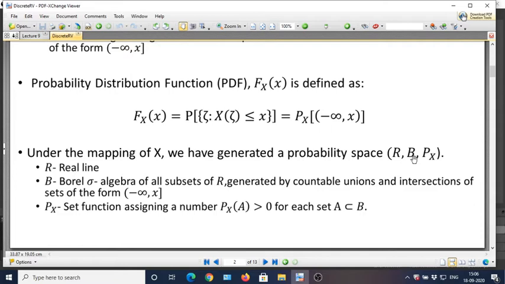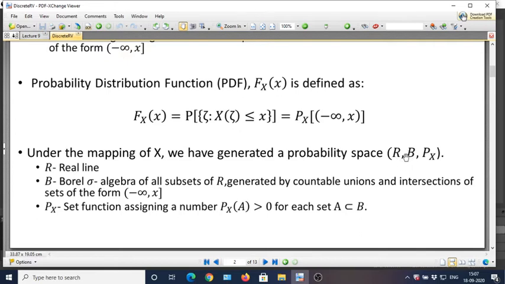complete under the complementation and union of intervals in the real axis, which includes the additional constraint that the entire real axis should be present, and the interval of size 0 should also be present.